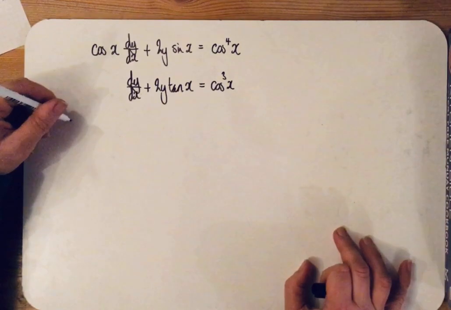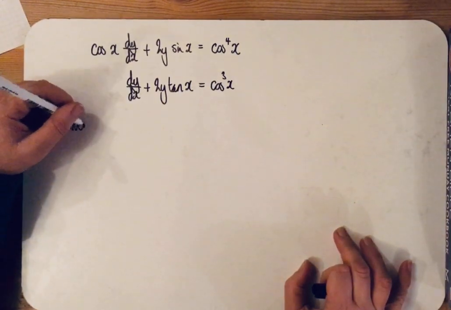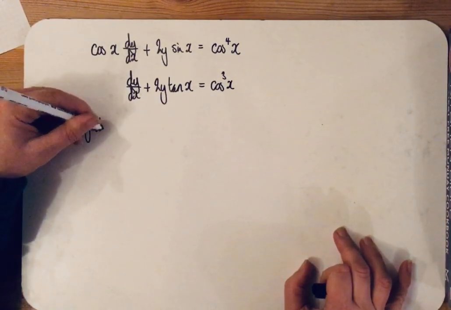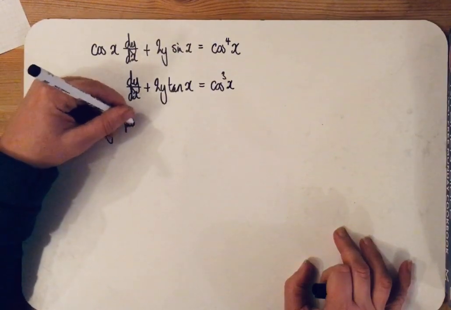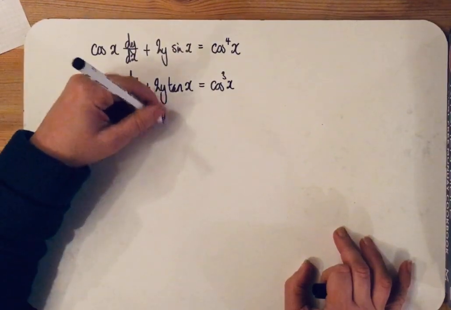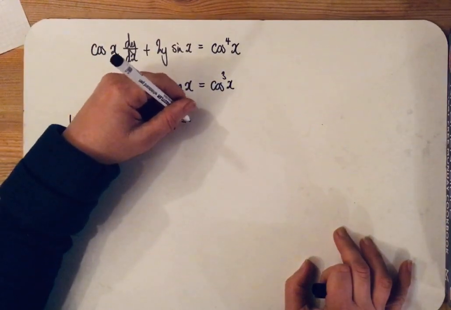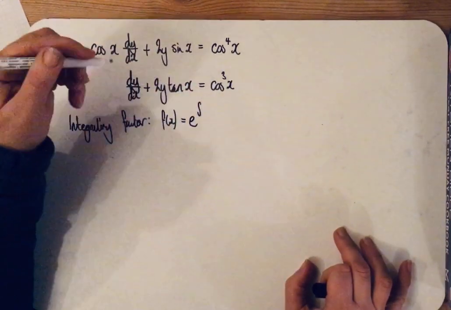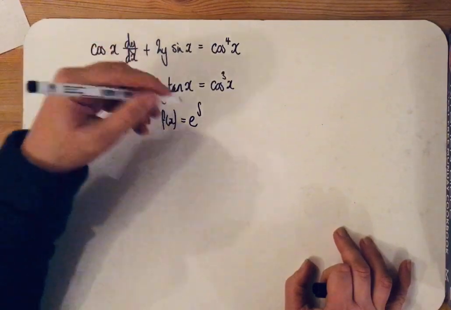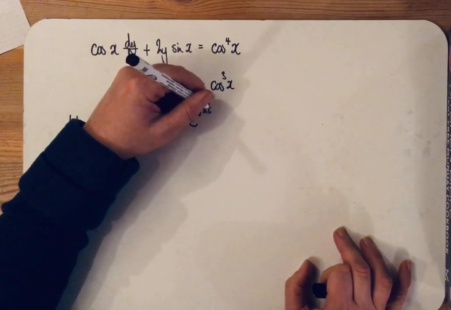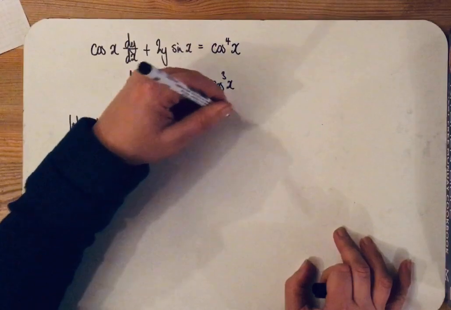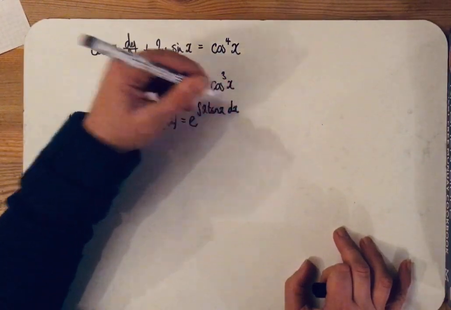And then the integrating factor, so f of x is equal to e to the integral of p, which is 2 tan x, dx.